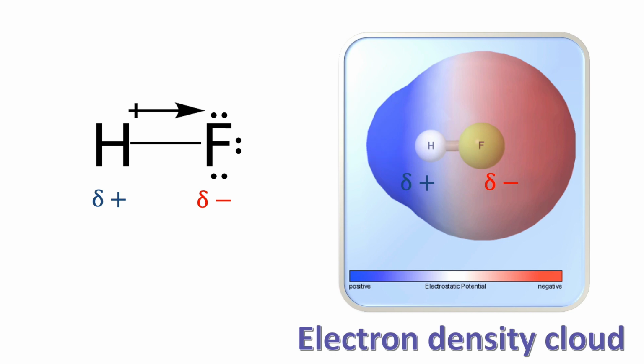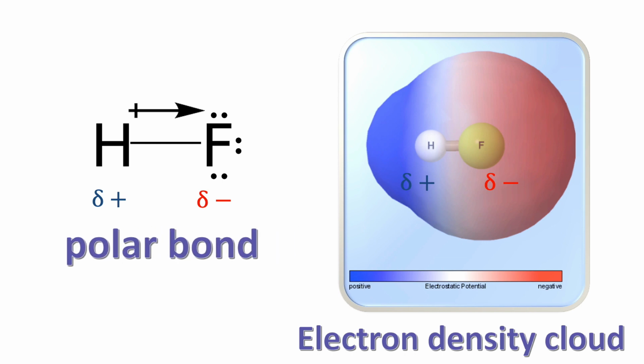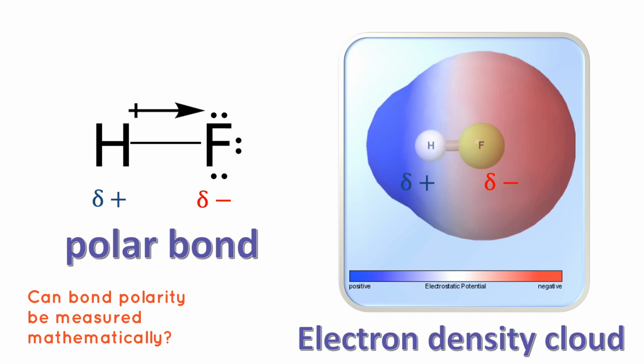As electron density is not equally distributed, the covalent bond between hydrogen and fluorine atoms is said to be a polar bond. A question to ask: can bond polarity be measured mathematically?